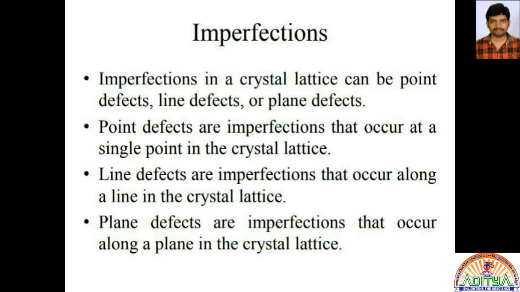An edge dislocation is a line defect where an extra half plane of atoms is present. A screw dislocation is where the crystal lattice is twisted.